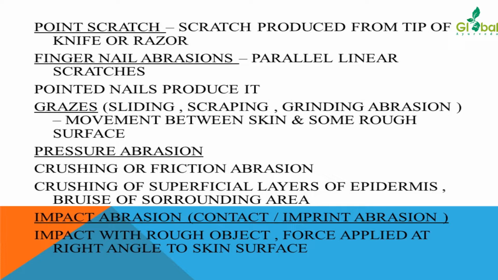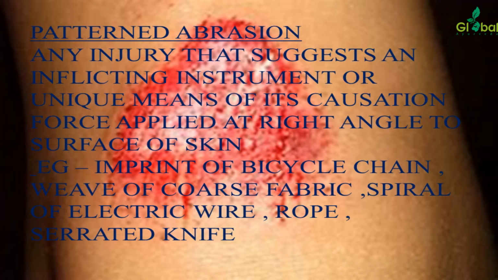Any rough object gives an impact on your skin, thereby a force is applied, and when that force is applied at a right angle to the skin surface, it is an impact abrasion. The other one is a patterned abrasion, most commonly seen with inflicting instruments or by unique means. When the causative force is applied at a right angle to the surface of the skin, this kind of pattern is seen.